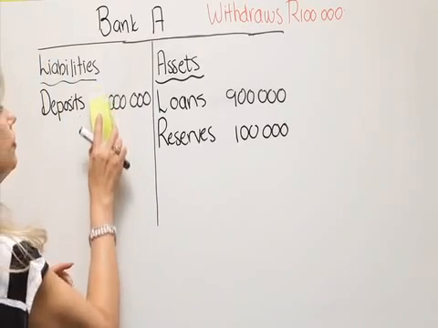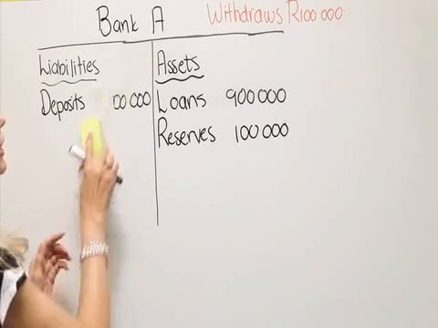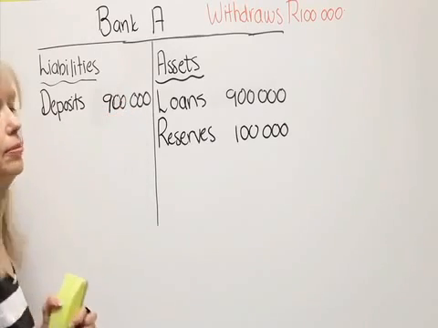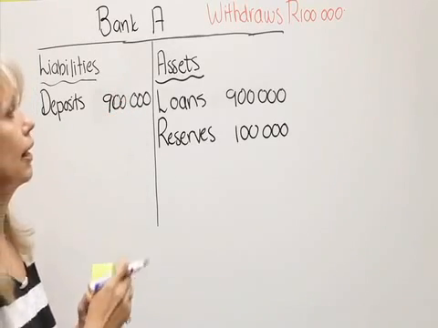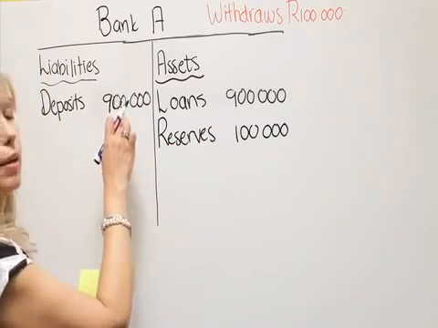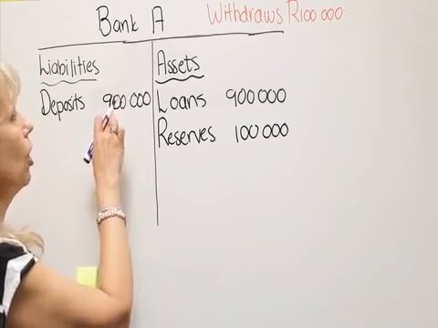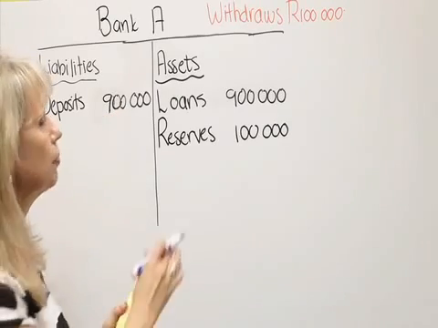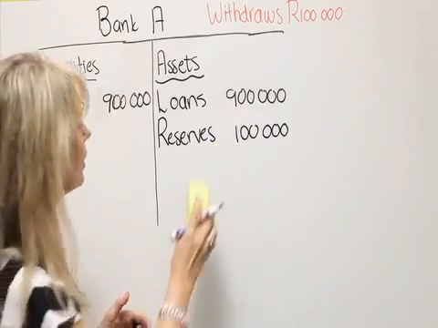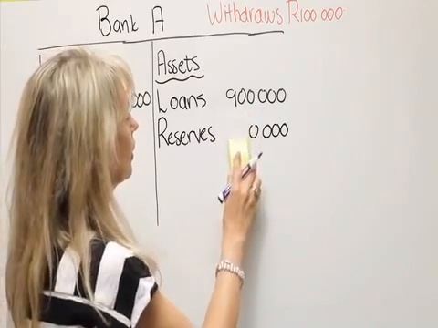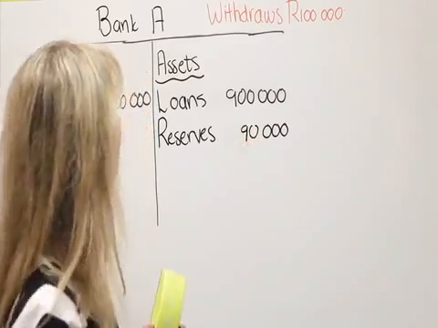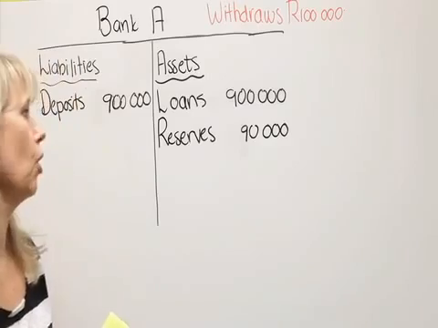The deposit in the first place is going to decrease to 900,000. The reserves can now also decrease because the bank has to hold 10% of the total deposits. So the reserves can now decrease by 10,000 Rand. So the reserves will be 90,000 Rand that the bank needs to hold.